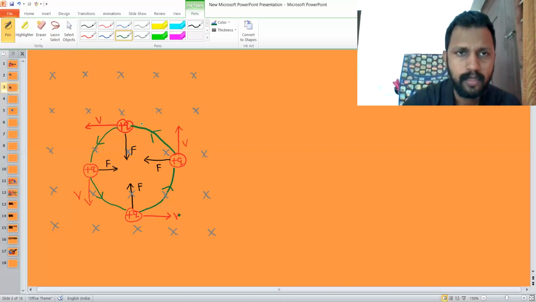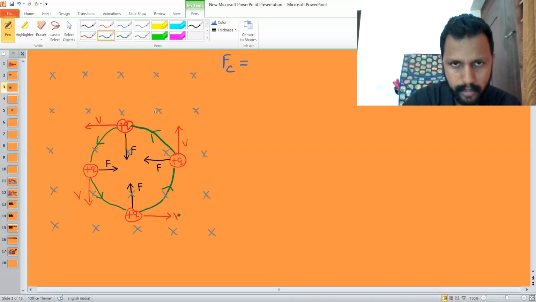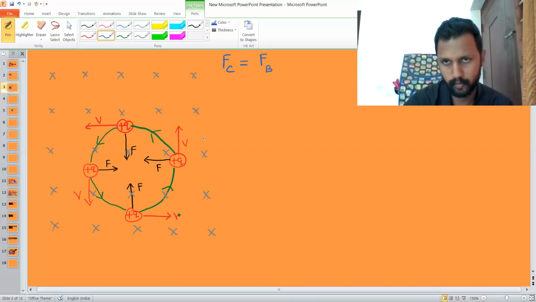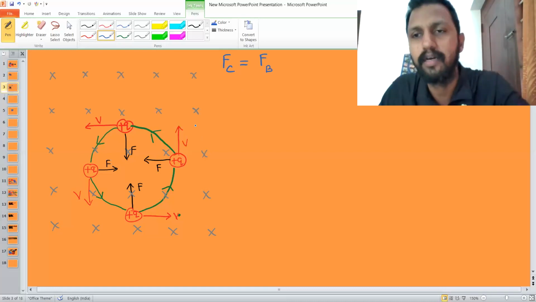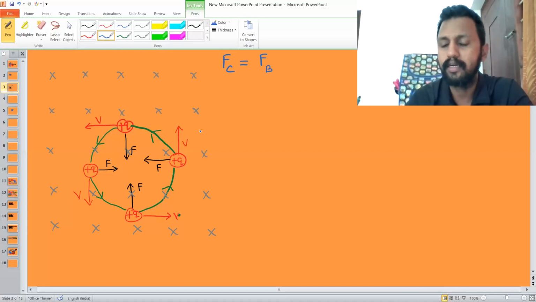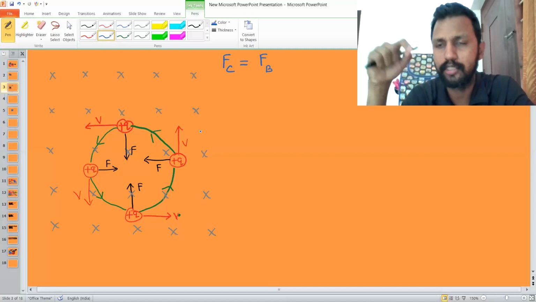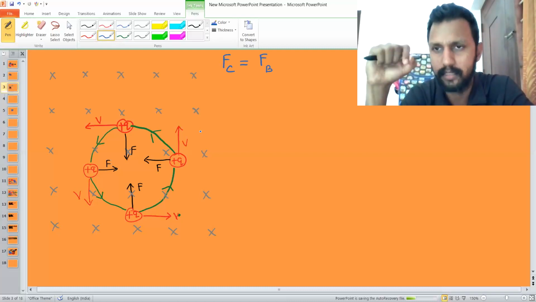Okay, therefore, if it is rotating, what force is causing it to rotate? The necessary centripetal force required for this rotation is provided by the magnetic Lorentz force. We have learned in our +2 that for every particle to execute a circular motion, there should be a force which is directed towards the center.